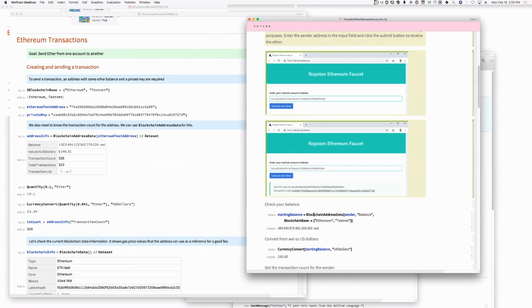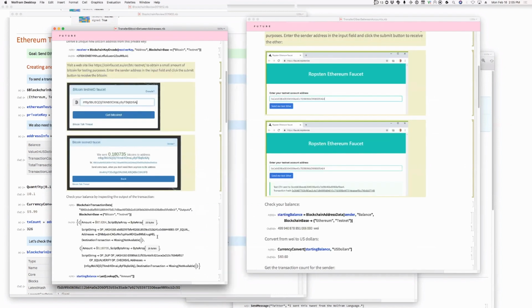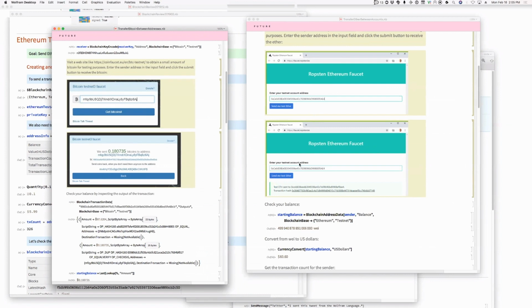Okay, our starting balance, Bitcoin address data. So that was different from the Bitcoin case, because here we're asking for a balance at an address, right? Whereas there, we did not have any such thing, if I remember correctly. There you asked for a transaction. So in this case, there's a transaction hash there, which you're not entering here. I'm confused.